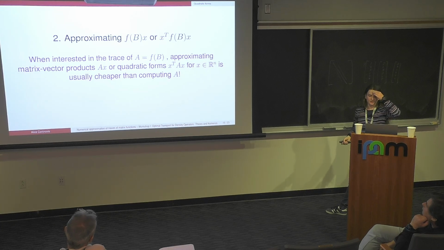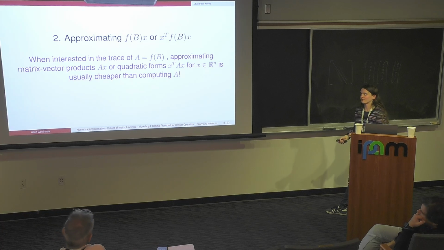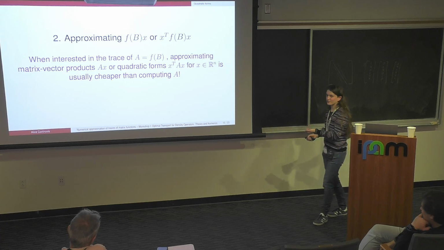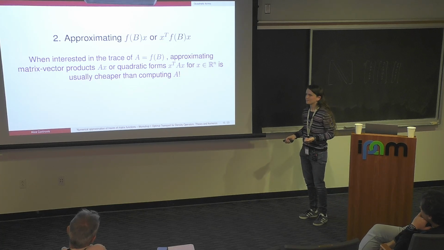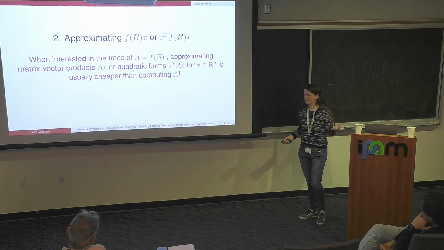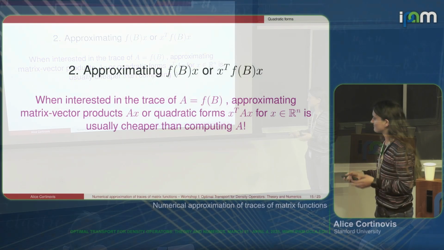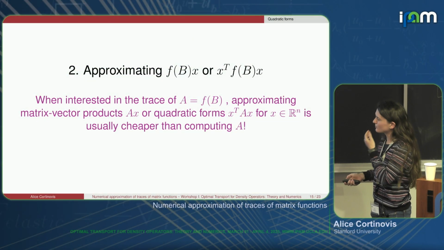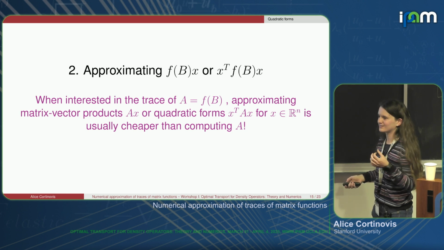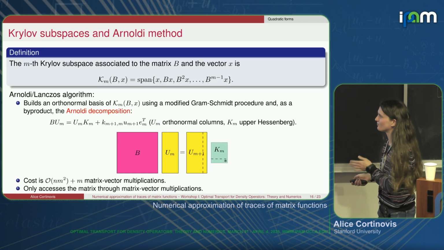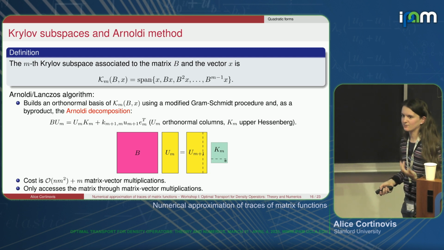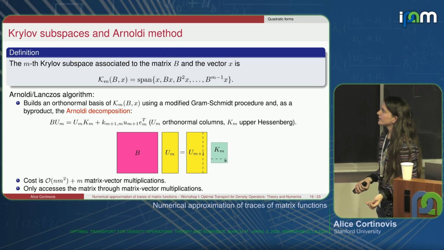Okay, so this concludes the first part. Now I just want to tell you a bit about how you can approximate matrix vector products or quadratic forms with a matrix function, f of B, because this is what we need for the Hutchinson trace estimator. I'm going maybe a bit quickly on this, but I'll tell you how it works, not really why it works. The idea is using Krylov subspace methods.